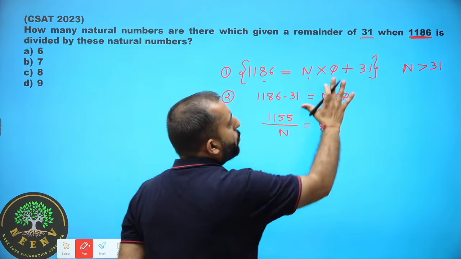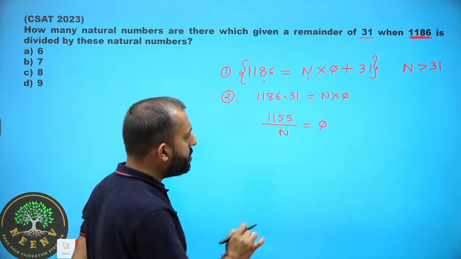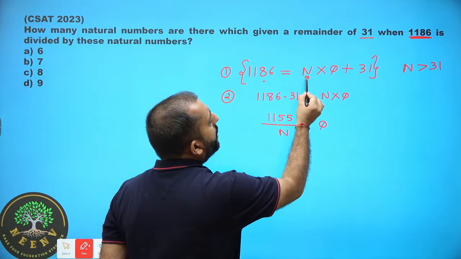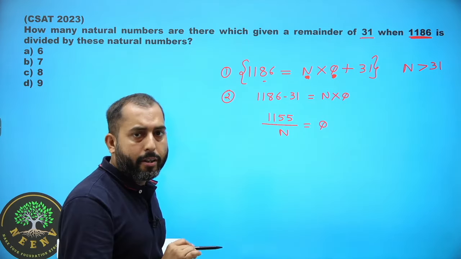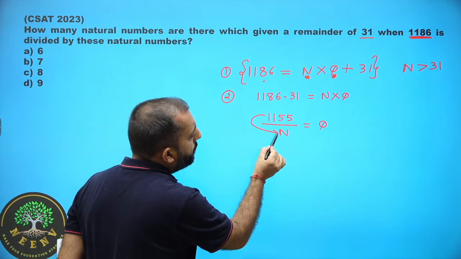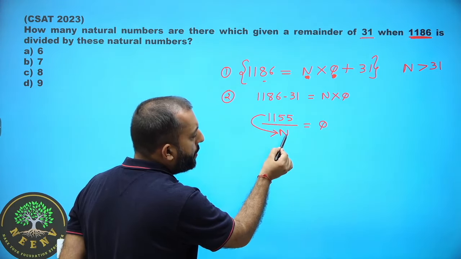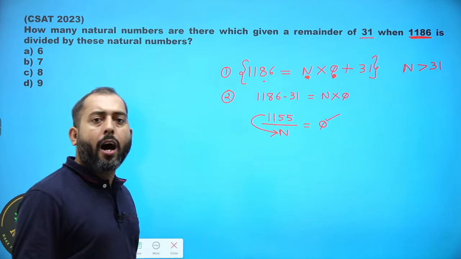Now see, we have written remainder separately, which means n will be a complete number and q will also be a complete number. 1855 when divided by n, which is a complete number, is giving me a complete number in the answer.